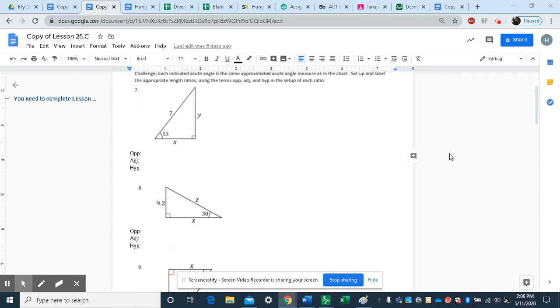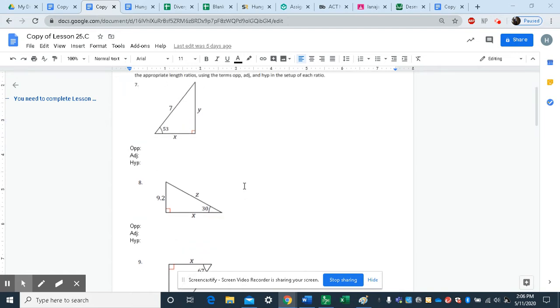The reason that we needed to do 25B before we completed 25C, other than alphabetical shenanigans, is because two of the angles given in these next three examples are not common angle measurements that you're going to see a chart for. So we're going to use the proportions and sides that we figured out in the last assignment, and we're going to apply that knowledge to these triangles right here.